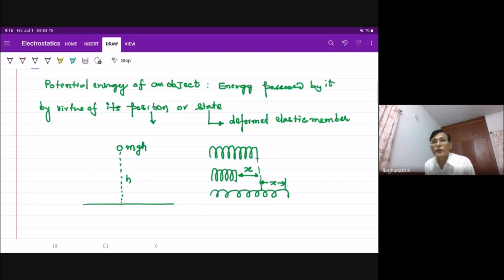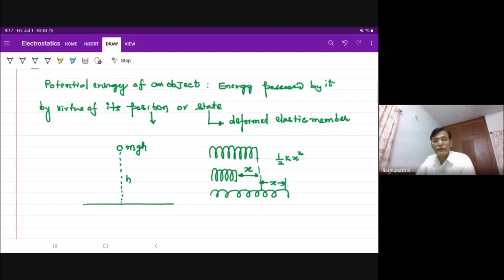Maybe half kx squared, correct? Where k is the spring constant. Correct only.